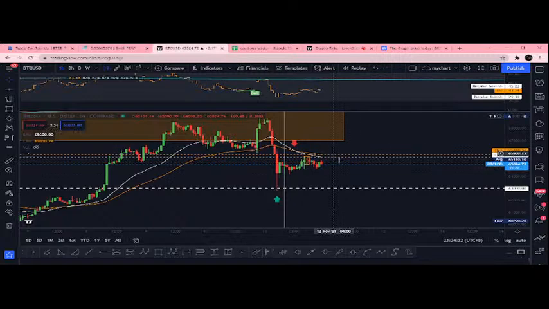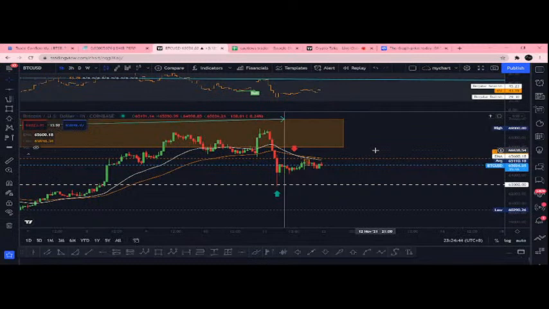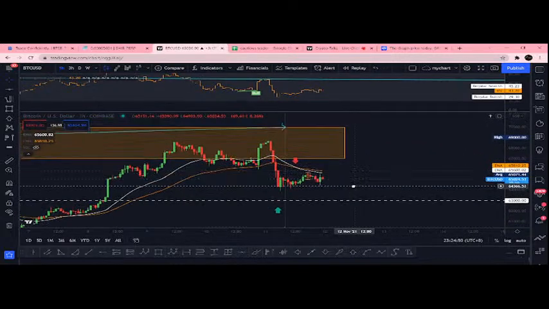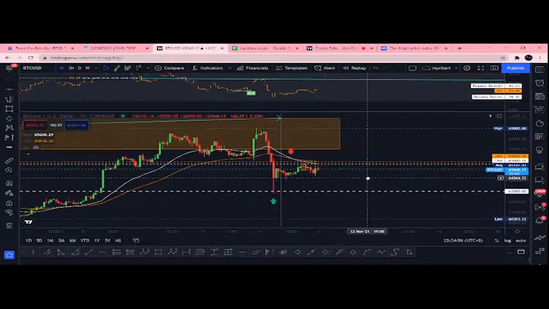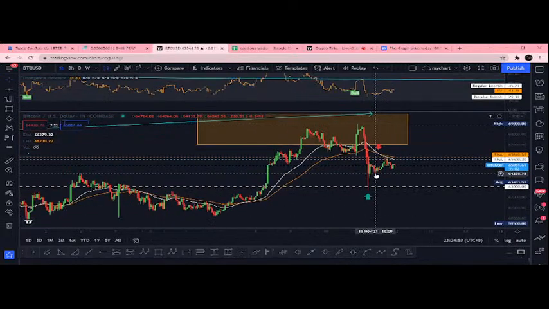So, possible entry point above EMA 60, which is 65,810. Pero, yeah, pwede nyo siyang bantayan na lang siguro kasi syempre hindi naman natin masasabi kung tutuloy siya or babagsak. Pero yung support na tinitignan ko is of course the 63,000 area.